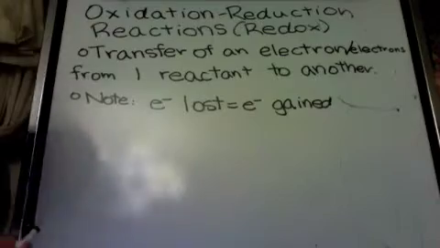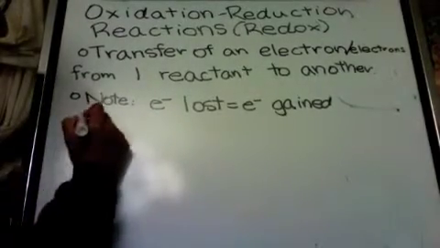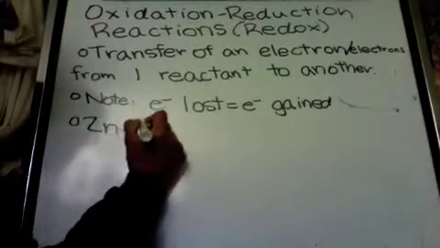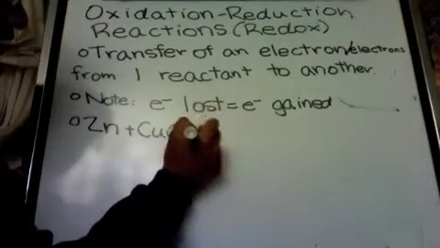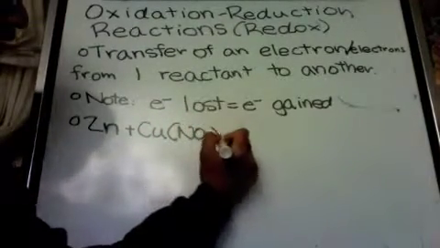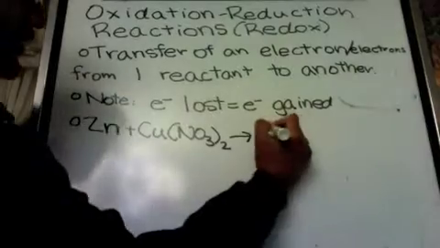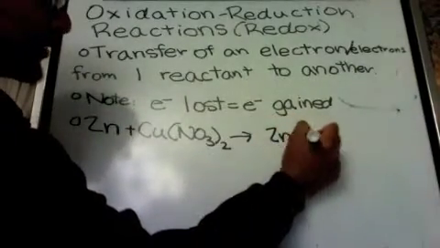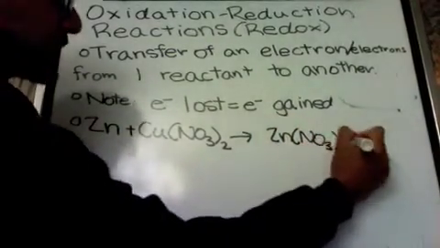So what's an example? Well, an example would be Zn plus CuNO3 going to Zn(NO3)2 plus Cu.